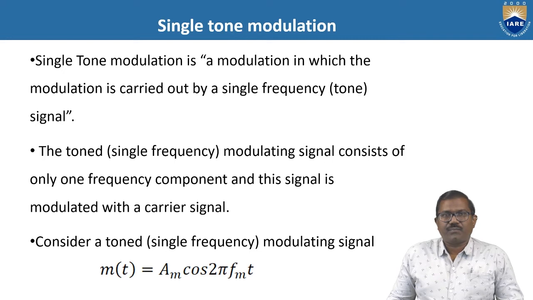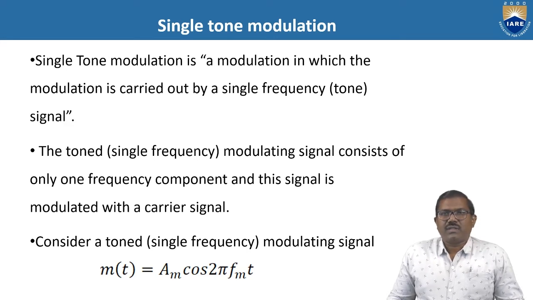Already we discussed it. For a modulation process, we require two signals. One is the message signal or modulating signal, and another one is the carrier signal. Generally, the carrier is taken as a higher frequency and higher amplitude signal than the message signal.